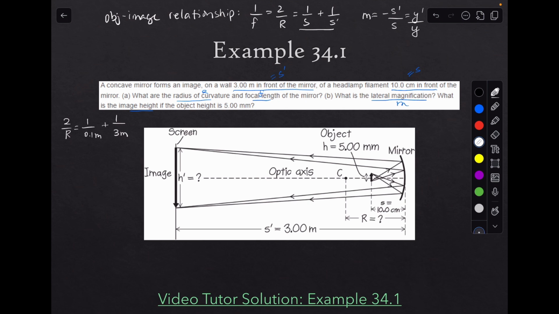Okay, let's figure out what R is. So 2 over R is going to give me, let's see, we can do a little bit of mental math here. So that becomes 10 meters inverse plus 1/3. So 10 plus 1/3 is 31 over 3.